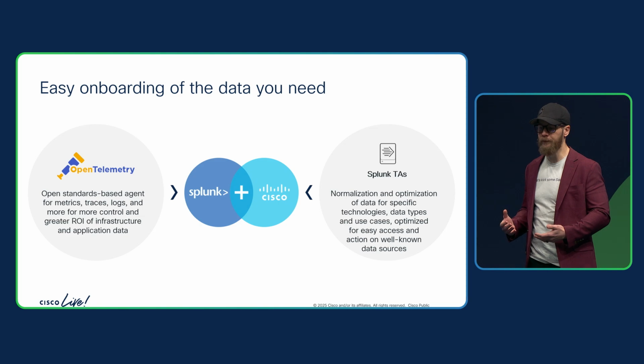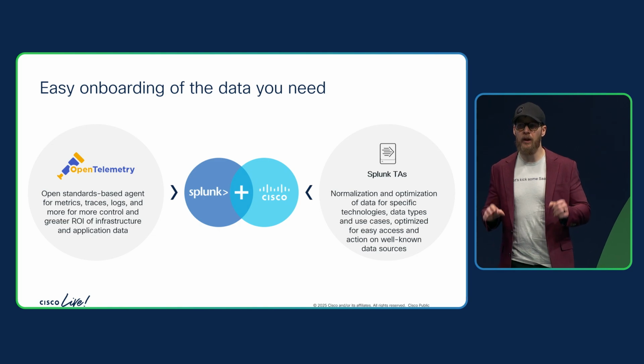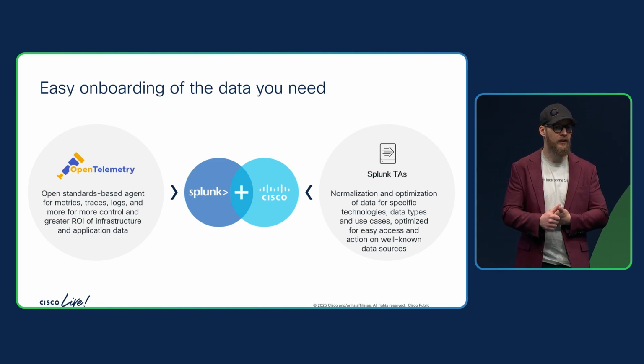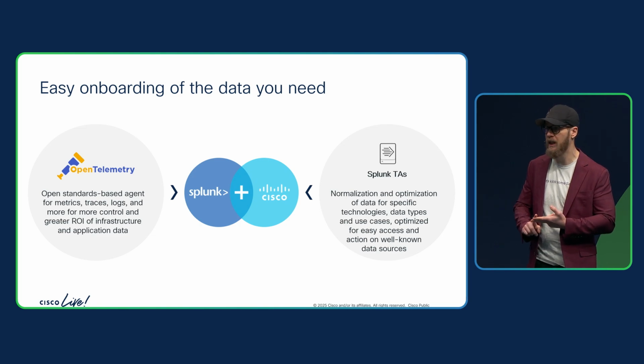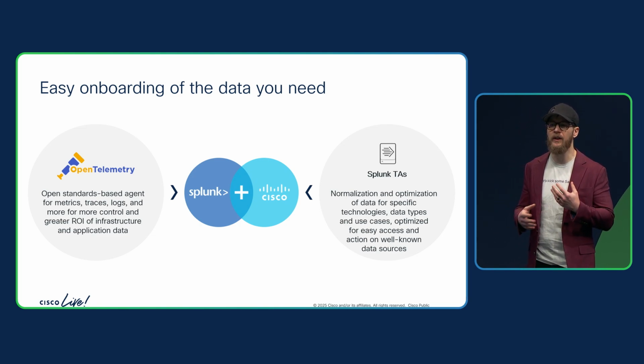If you're pulling from a traditional data source or from a major vendor, not just Cisco, we recommend that you use technical add-ons. So technical add-ons are going to be really good for things like syslog data, flat file data, SNMP data, where you need to optimize, you need to make sure that everything looks consistent.